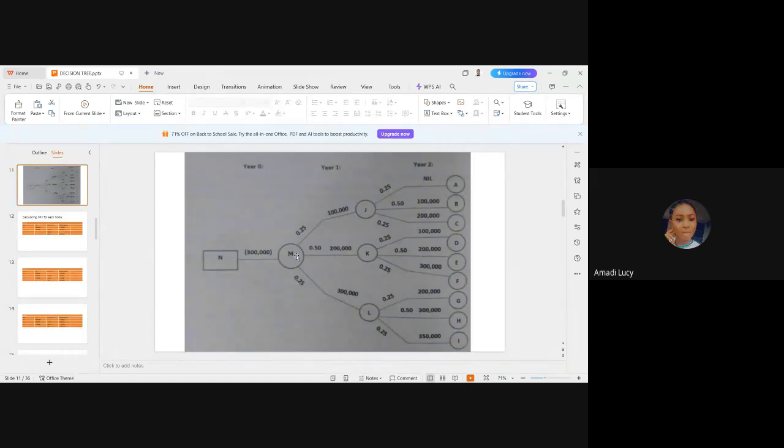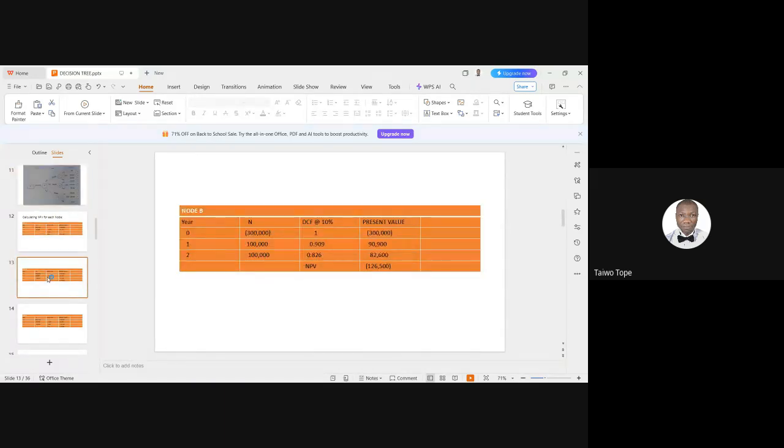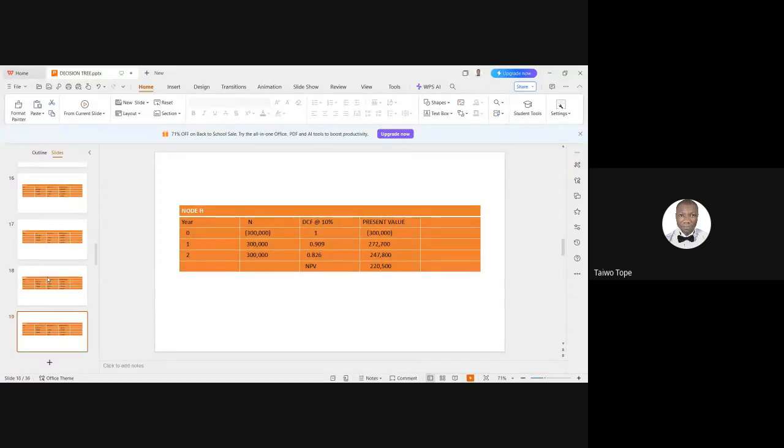Then M should give us N. So let's now move further. We've treated J. Let's see what point K will look like. But you can go ahead to solve if you know what to do.